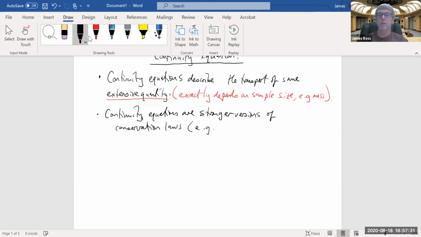So for example, conservation of energy, which again, we'll actually mention in terms of a continuity equation. I will look at conservation of energy, but in terms of thermodynamics, I'm not really going to look at it. That'll be for later, but that would be a softer version.